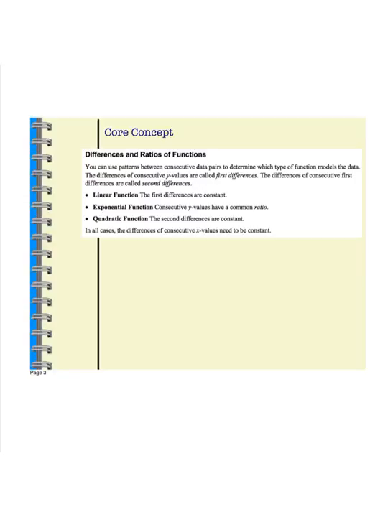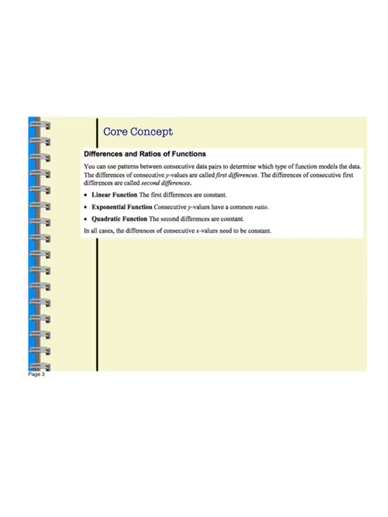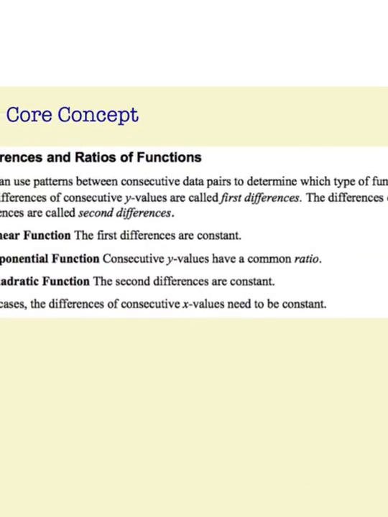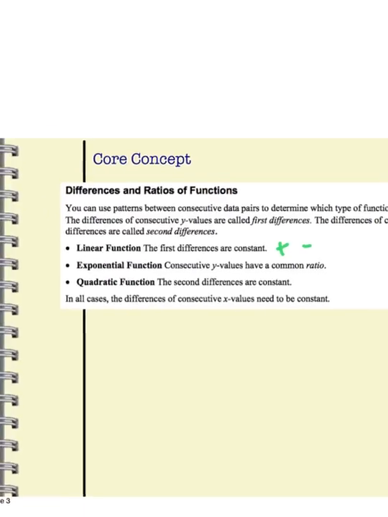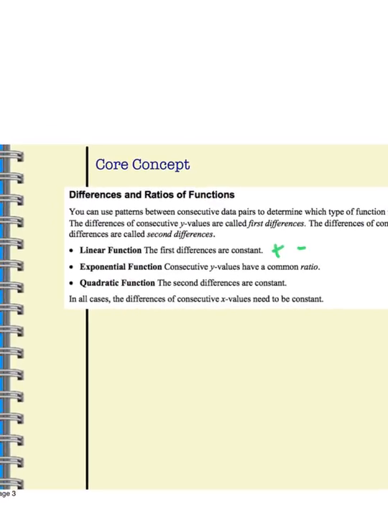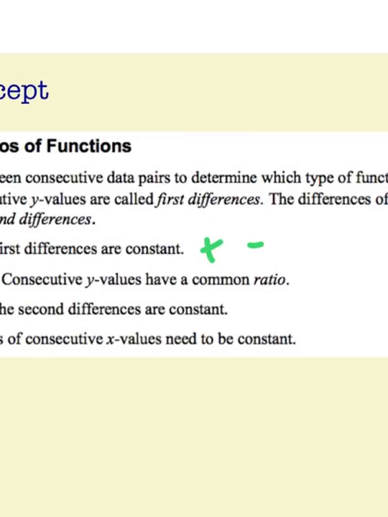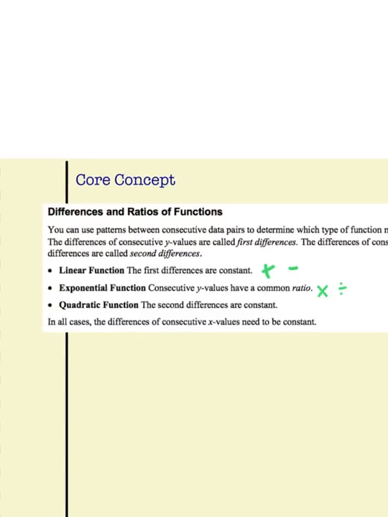All right, so the core concept of this lesson is that you can use patterns between consecutive pairs to determine which type of function models the data. So for a linear function, the differences are going to be constant. It's going to add or subtract to get to the next point. An exponential function has consecutive y values that have a common ratio. That's where it multiplies or divides to get to the next number.